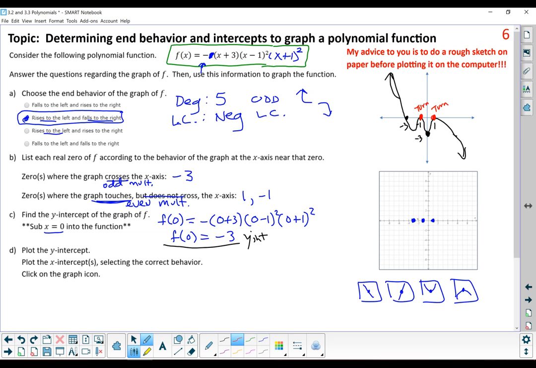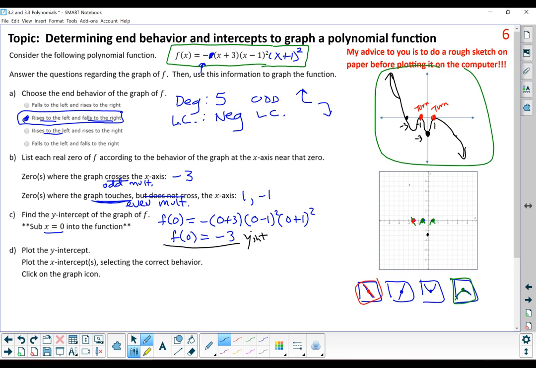So when you plot this one, you have to tell it that it's doing this, so you would click on that button. And then when you plot this one, you'll have to select that it's doing this behavior right there. And then you'll have to select that again for this one. So drawing this first will help you put it into ALEKS a little better.